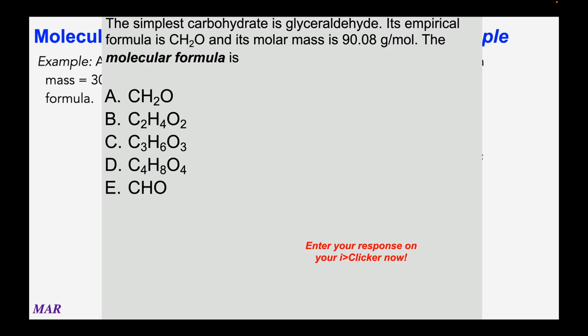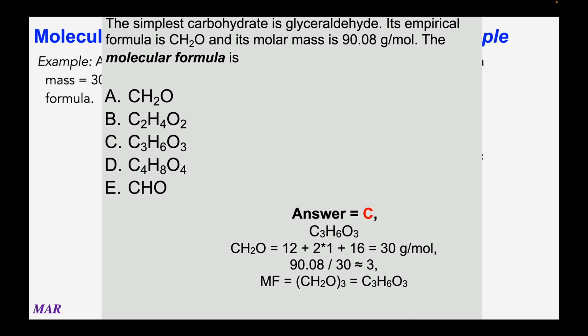That's the empirical formula's molar mass. And 90 grams per mole, the whole thing, divided by 30 grams per mole, the empirical formula, 90 divided by 30 is 3. So the molecular formula will be CH2O taken 3 times, or C3H6O3. So down there, you can see what I did.